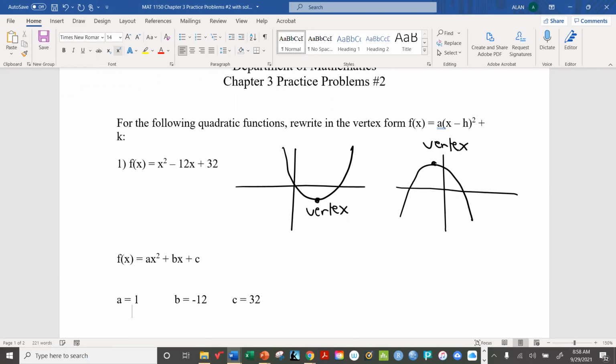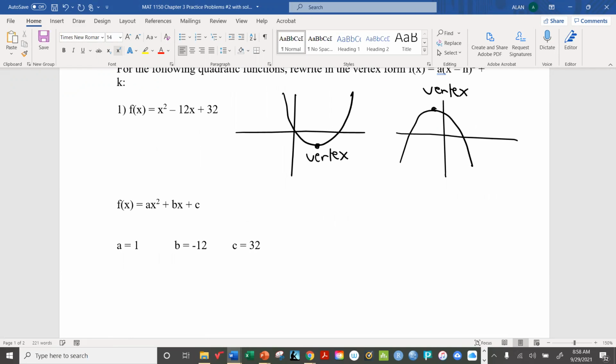So what you're going to do is use the following relationship. Let me just remind you one more time, this is the vertex. This is the x coordinate, and this is the y coordinate. There's a formula for this, as it turns out.